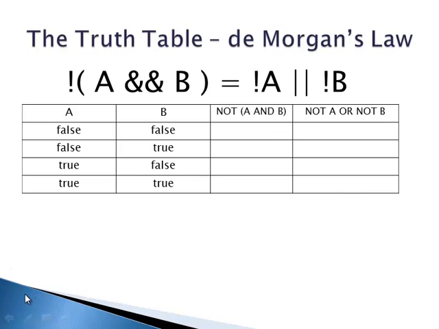Let's take a look at the alternative. What if I have not (A and B)? Is that equivalent to not A or not B, which basically flips our operators like we had before? Let's take a look. If I have a false and a false, that's false and false, which becomes false.